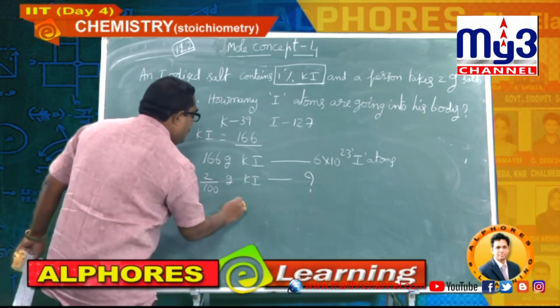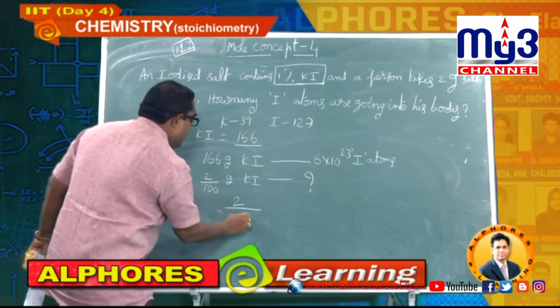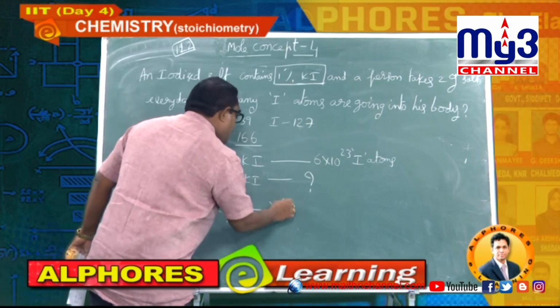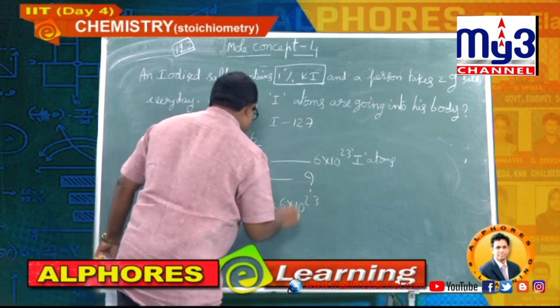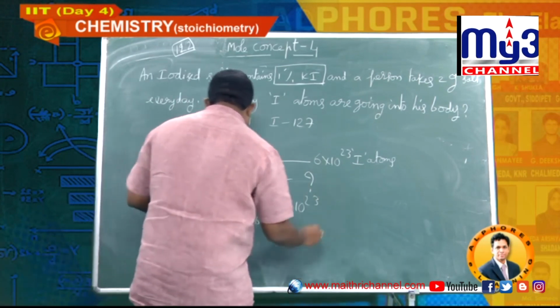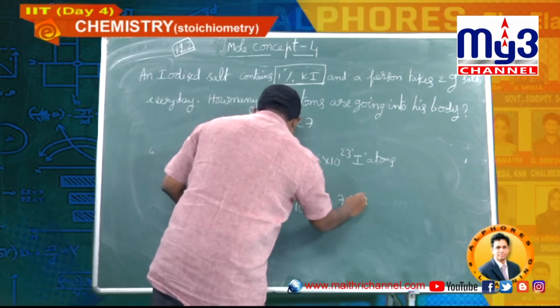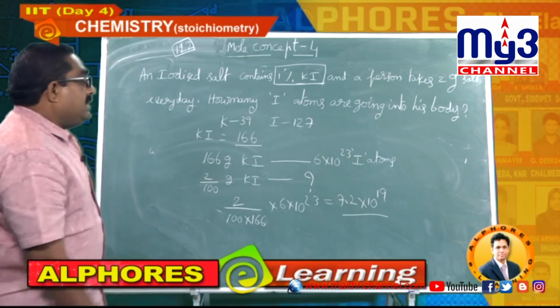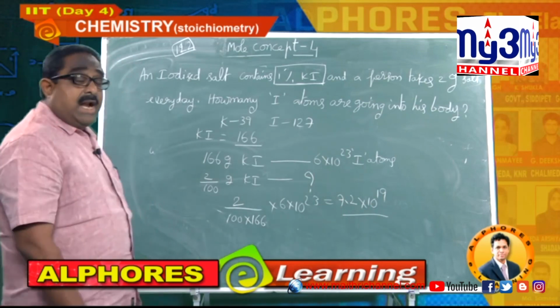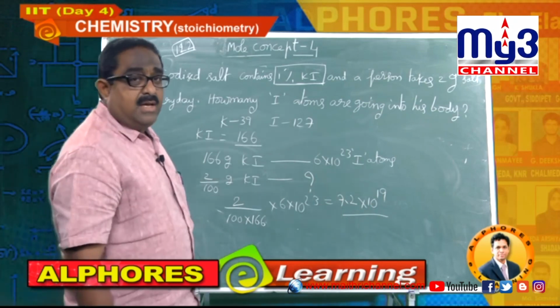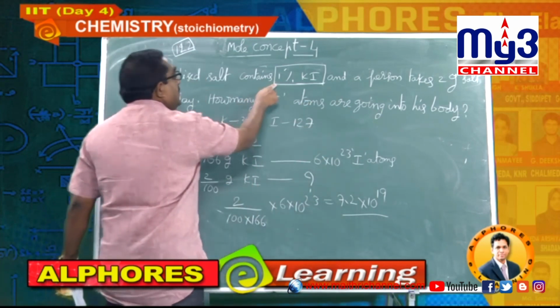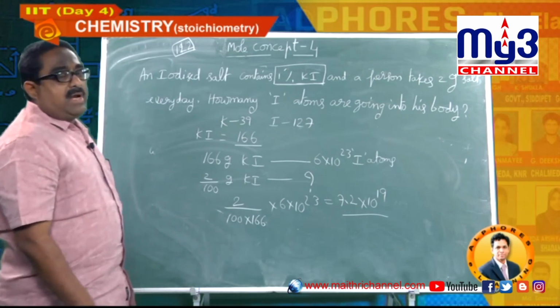So the solution is 2 by 100 divided by 166 into 6 into 10 power 23. You will get this as 7.2 into 10 power 19. That much number of iodine atoms will enter his body if he takes 2 grams of salt, which contains only 1% of potassium iodide.